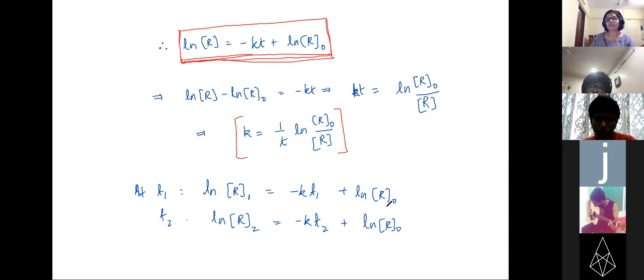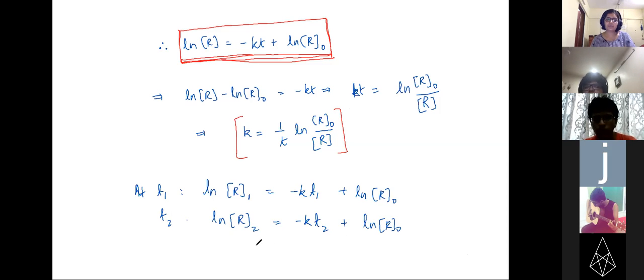So if you don't know the initial concentration, you can still calculate the rate constant using this particular equation. Now you've got two instances with two different concentrations.